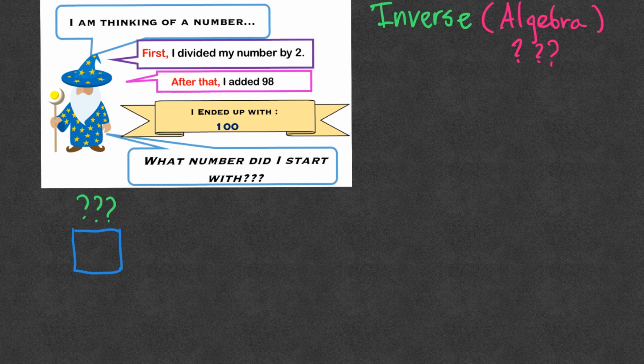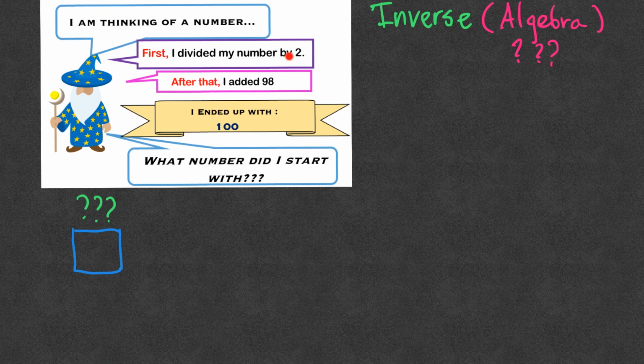Now, how this problem is different from the previous ones is that it has a few more steps. So we're going to trace back those steps. Let's have a look at what the wizard says. I'm thinking of a number. First, I divided my number by 2. After that, I added 98. I ended up with 100.